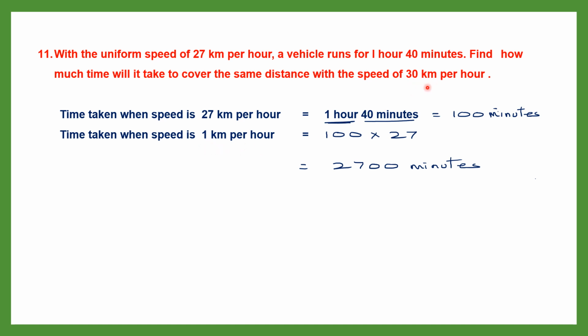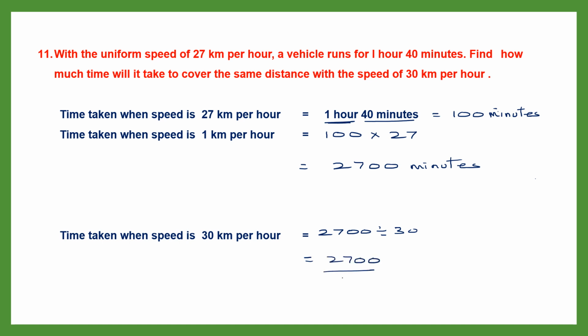Now we are going to find for 30 kilometers per hour. For 1 kilometer per hour it took so long. If the speed increases, we are going to reach quickly. We're going to take very little time. So that means we have to divide 2700 by 30. So let's do that.